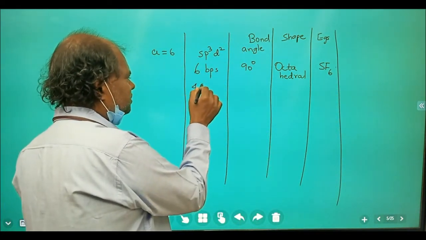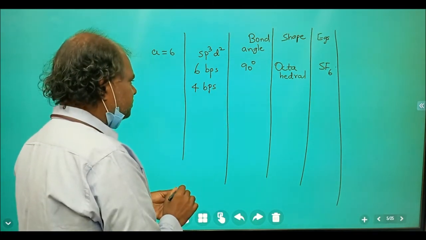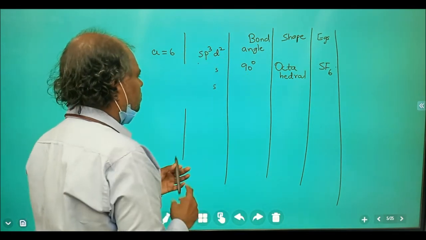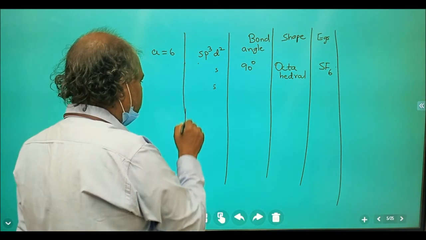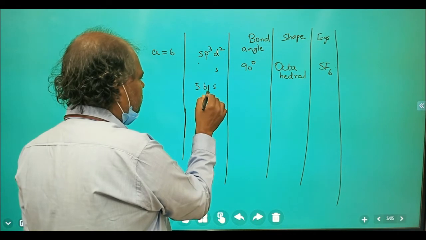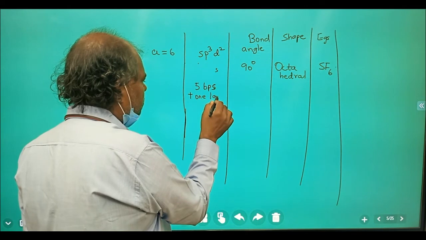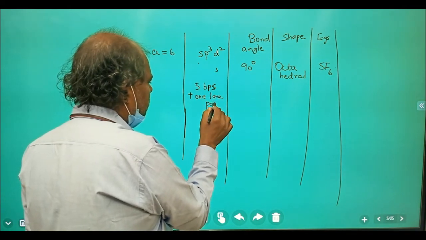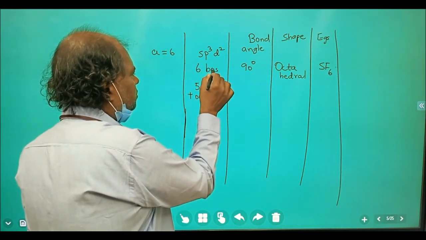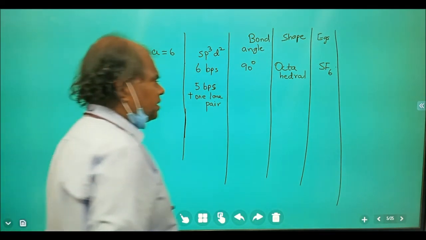Then let me take five bond pairs first. Six bond pairs, 90 degree. Now five bond pairs and one lone pair.